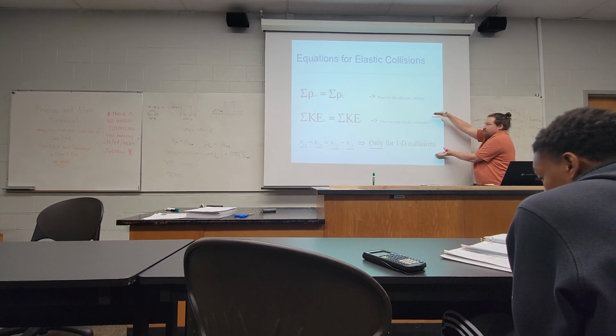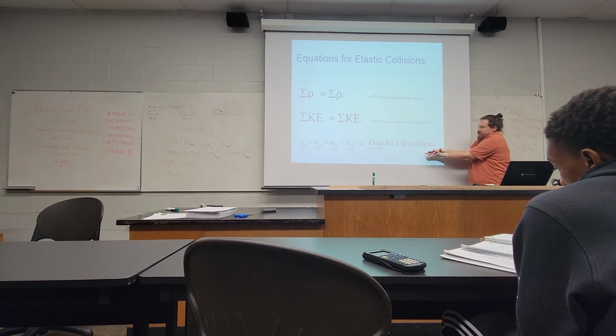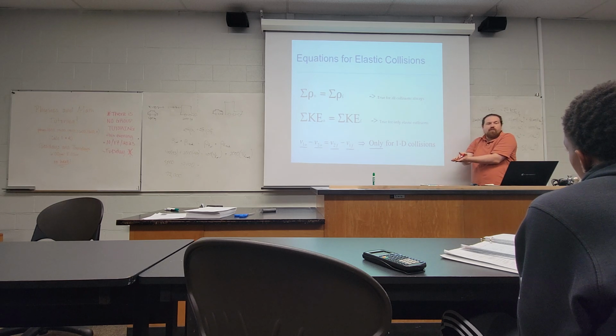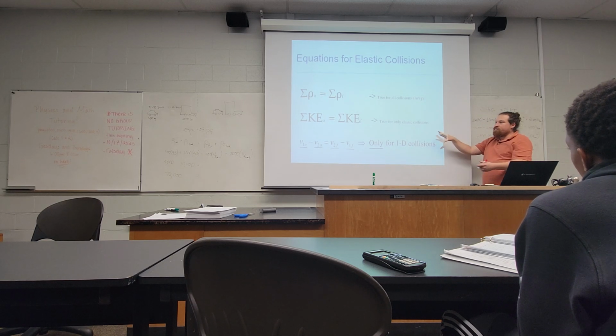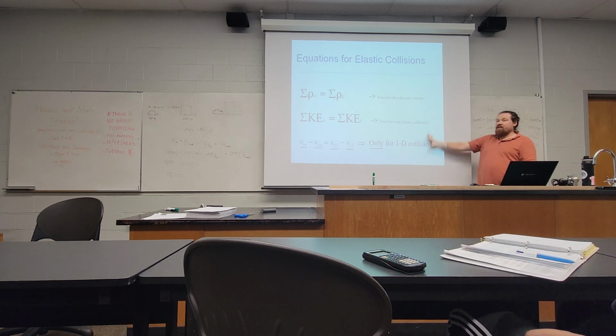These two are both elastic only. This one is specifically 1D elastic, but that's really the only type of collision we're going to do in here, if I'm being honest. Like, you can't have a 2D collision, and this one wouldn't work for that, but this will work for this class, as long as it's elastic. So any three of these work to analyze elastic collisions, and often, if you don't know either final speed, you're going to need to use at least two of them.